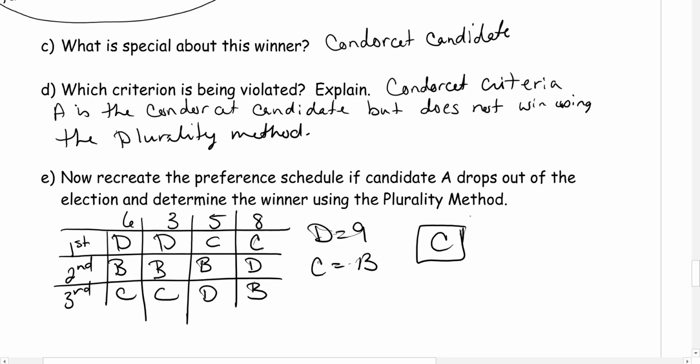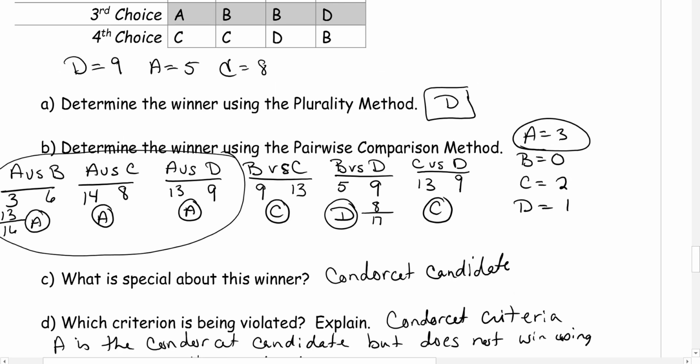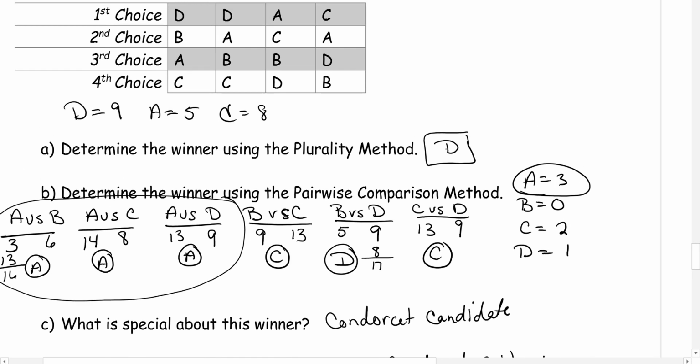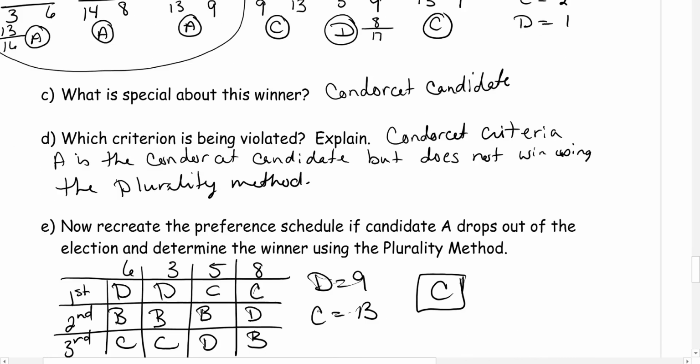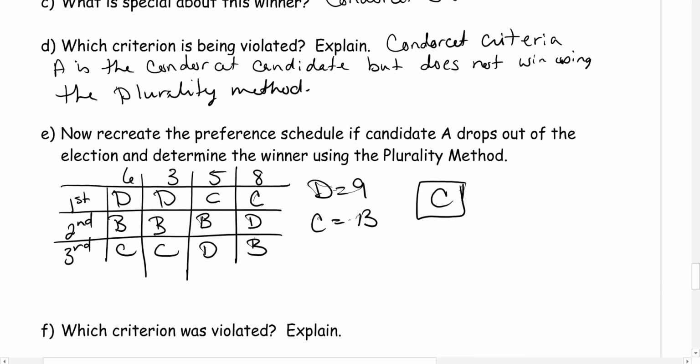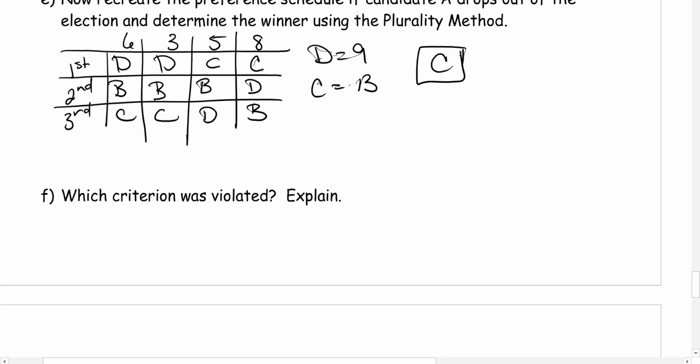And so A dropped out of the race, but A was not the winner originally using the plurality method. D was. But A dropping out, somebody who originally lost, causes D to no longer be winning. And so that is the IIA.